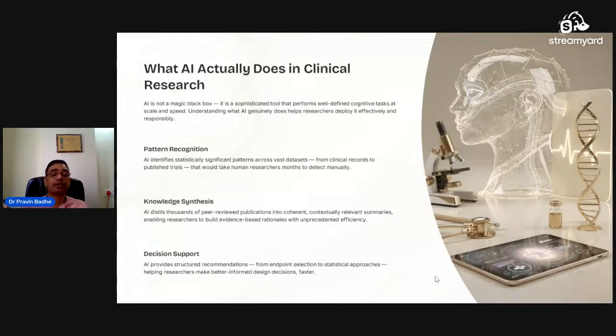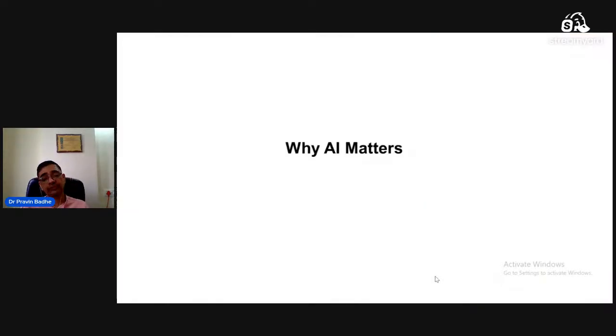We are going to talk about prompt engineering, because a lot of the information that you are getting and a lot of the process that you are doing with AI depends on the prompt engineering. So why AI matters and what it has changed, not only in clinical research and development, but also in the basic drug discovery process.